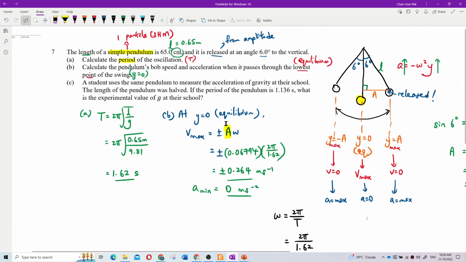Okay, and then lastly, a student now uses the same pendulum to measure the acceleration of gravity at their school. The length of the pendulum was half. The period is this. What is the experimental value of G at their school?